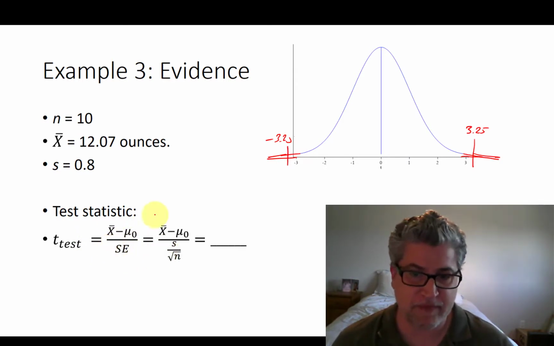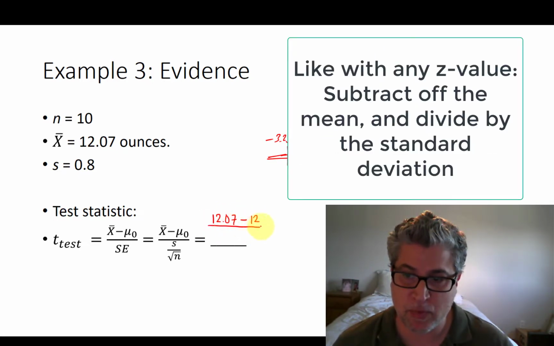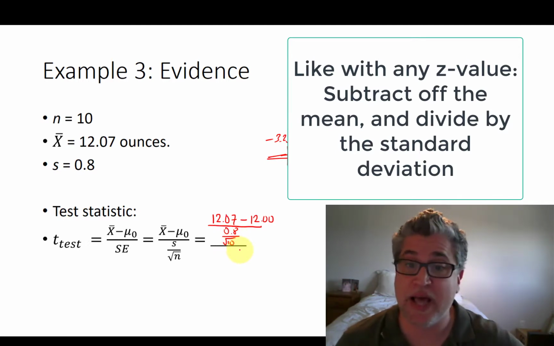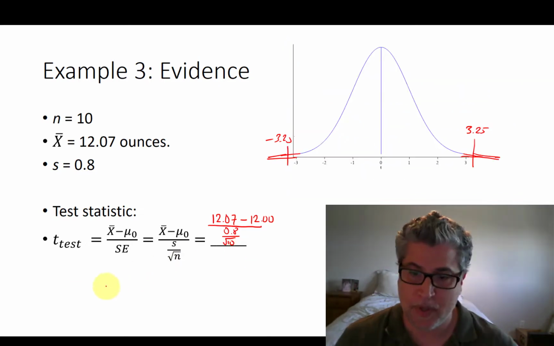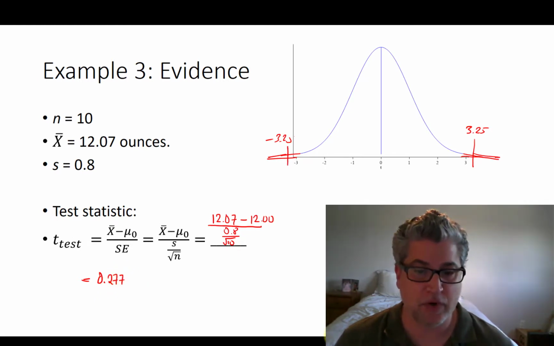We basically just plug in values just like before. This time we're going to use S rather than sigma, but that's the only difference. So we filled it 12.07 ounces. That's 0.07 ounces more than what we should have had. And then divide by the standard error, which is 0.8 divided by the square root of 10. So let's key this into a calculator and see what we get. Plugging it into a calculator, we get 0.277 for our test statistic.